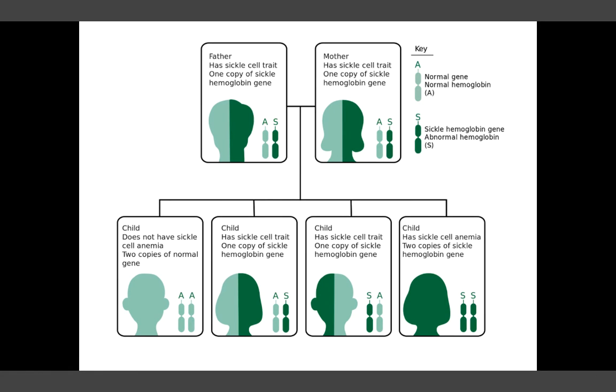AS individuals display a codominant trait, meaning that their body expresses both the A normal hemoglobin and S sickle cell. We can see that based on the 4 offspring, one child is completely free of the sickle cell, while 2 siblings are carriers for the sickle cell allele, with the last child having 2 copies of the S allele, thus resulting in the child developing sickle cell anemia.